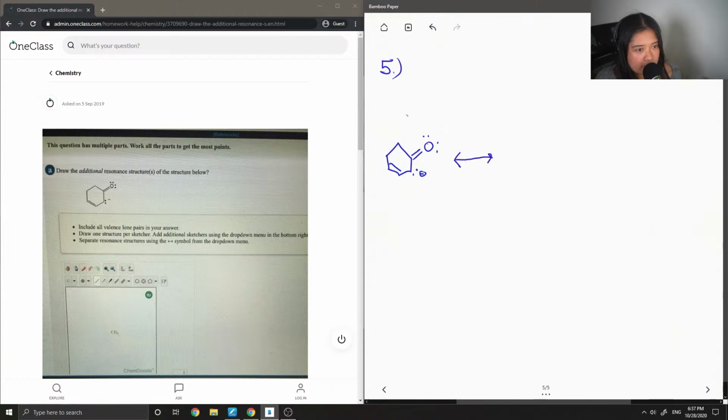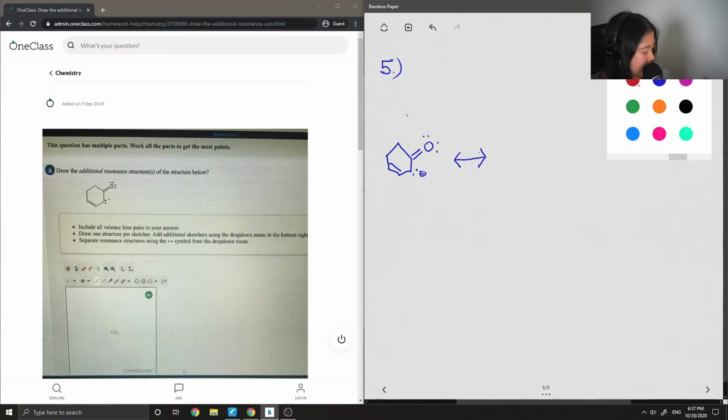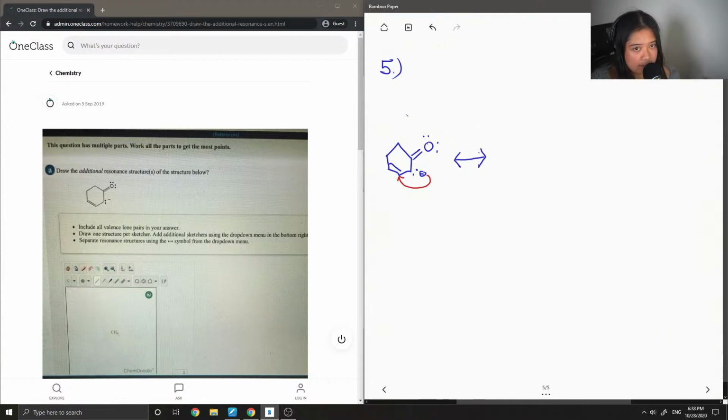So these arrows indicate that I'm about to draw a resonance structure. First I'm just going to show the movement of electrons that can occur. So this pair can move onto that carbon to form, actually, they can form a double bond right beside it.